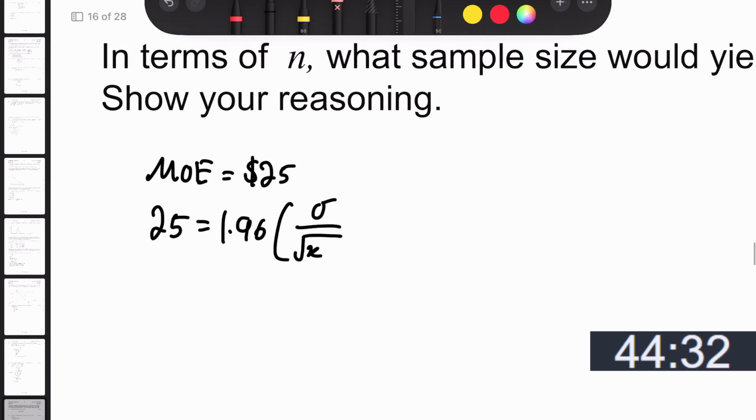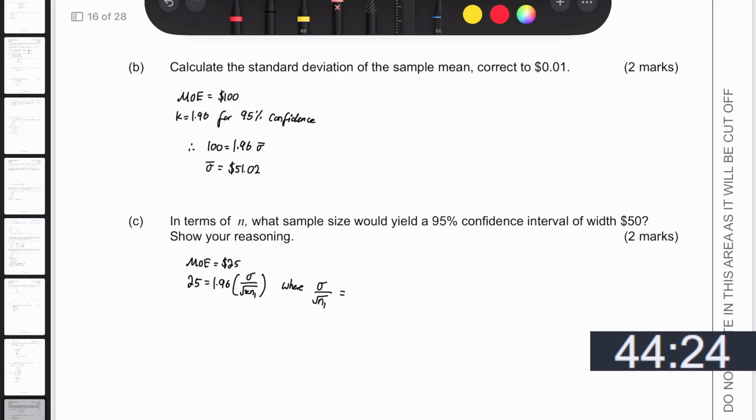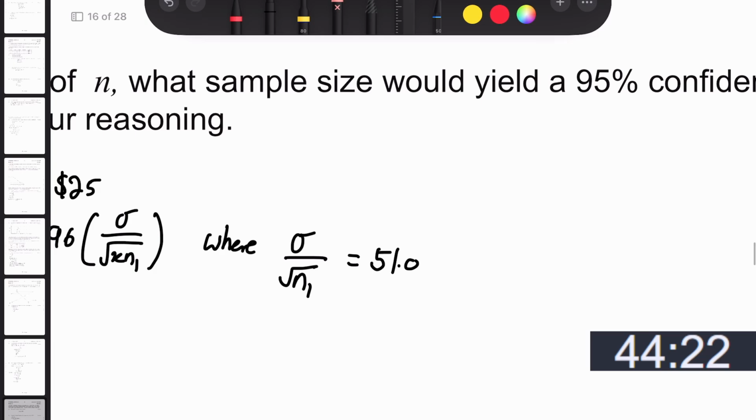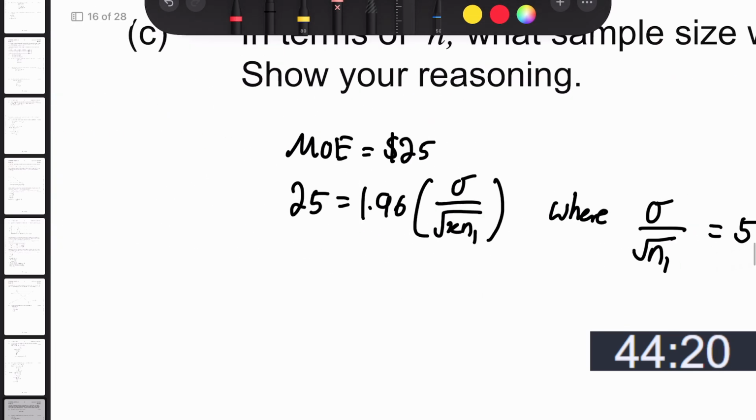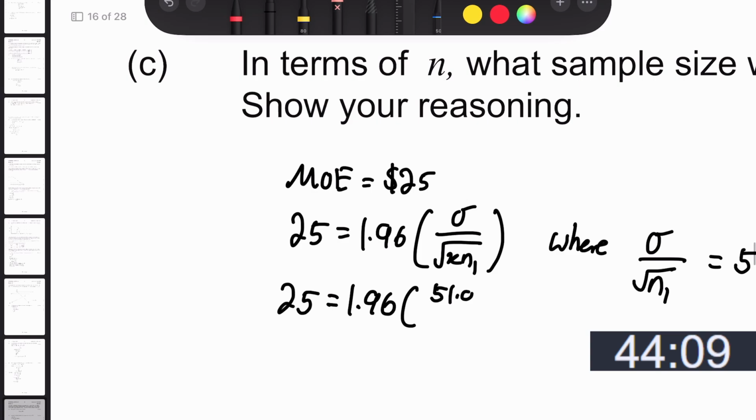Let's say x n1, where lambda on square root of n1 equals 51.02. Therefore 25 equals 1.96 of 51.02, all on square root of x.